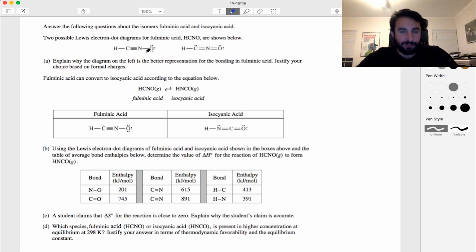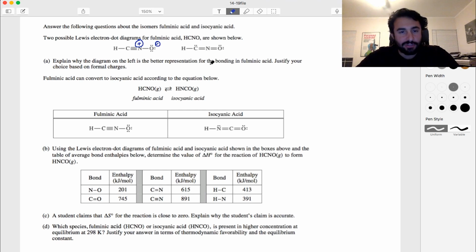Nitrogen has five valence electrons, but it is only contributing four electrons. 1, 2, 3, 4, one per bond. 4 is one fewer electron than its valence of 5, so nitrogen actually has a formal positive charge. Oxygen has 6 valence electrons, but here it is contributing 7, three lone pairs plus 1 in that bond. 7 is one additional electron, so oxygen has a formal negative charge right there.